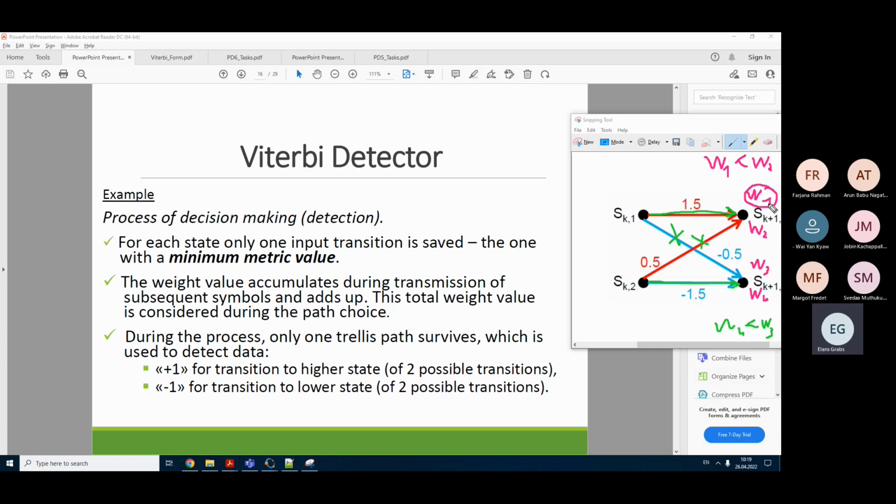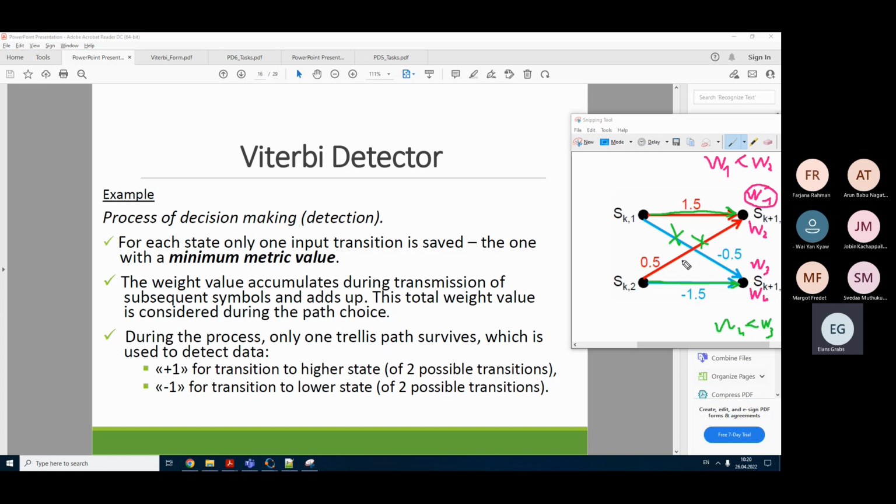Furthermore, once we calculate the next step metric, this already existing metric will add up. So for the next step, we will have this metric plus the new metric, and it will accumulate over the steps. That's how the Viterbi algorithm will iteratively work, and I will now demonstrate this process for this simple example.